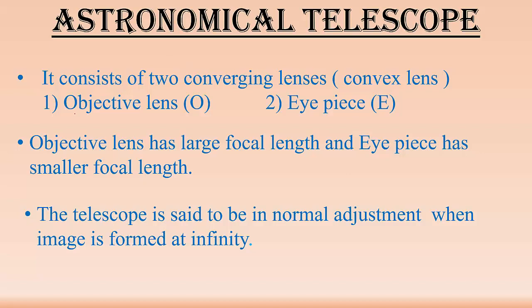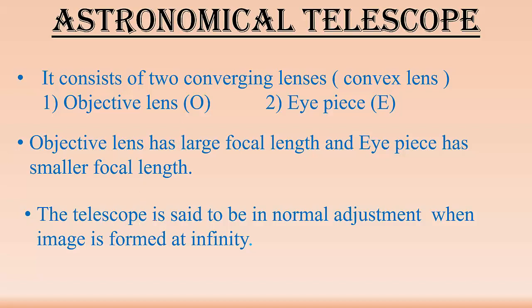The first lens is called the objective lens, denoted by O, and the second converging lens is the eyepiece, denoted by E. So the astronomical telescope consists of two converging lenses, just like the compound microscope that we already studied. Here the objective lens has a larger focal length than the eyepiece. The eyepiece has a small or moderate focal length.